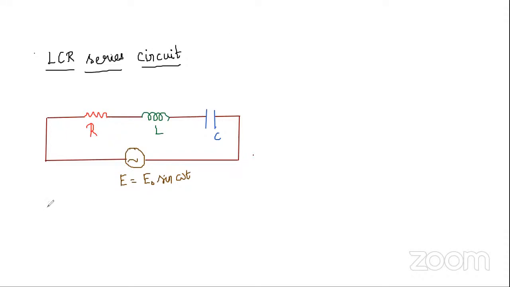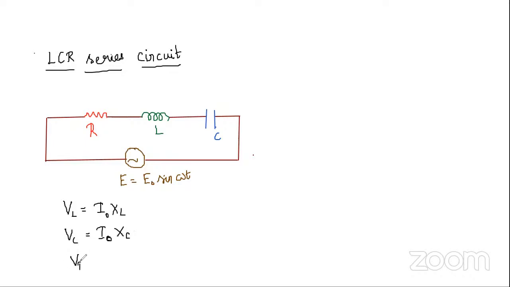So here you see VL is equal to, because of the inductor coil, you will be having this much of drop. And because of the capacitor, you will be having I naught into XC.